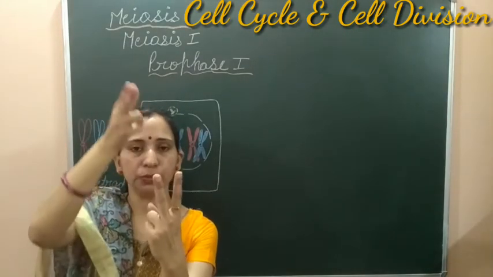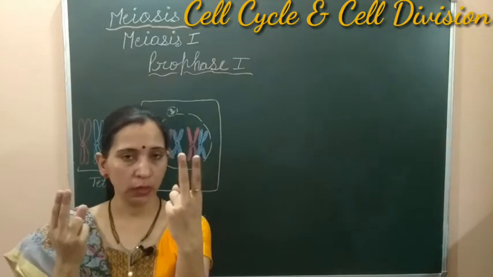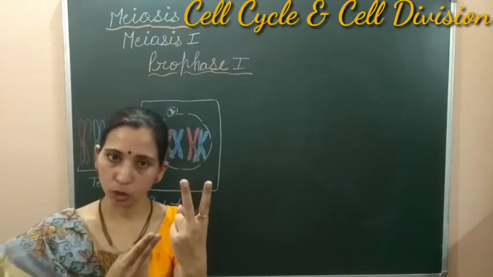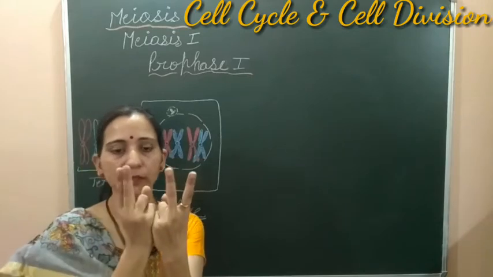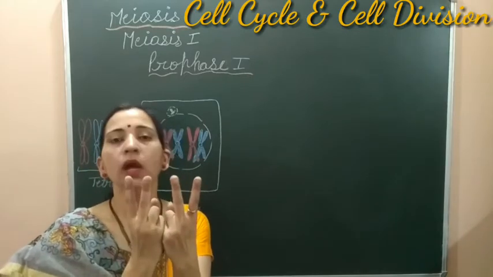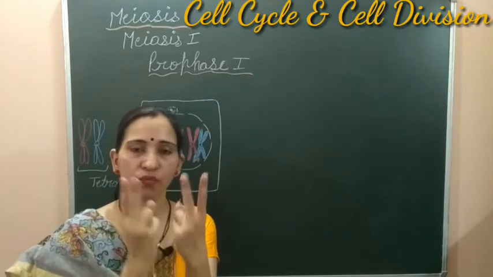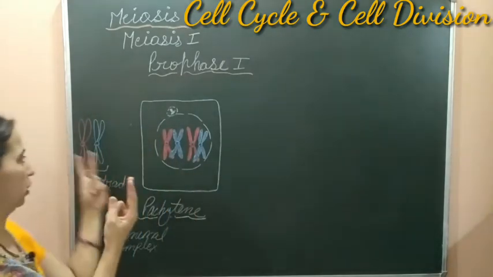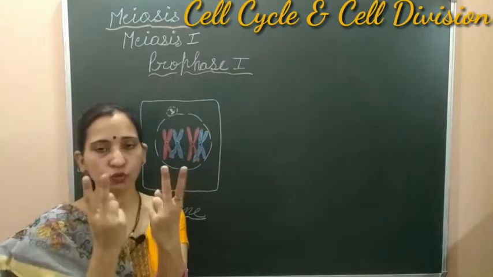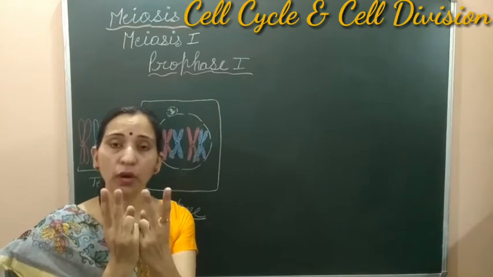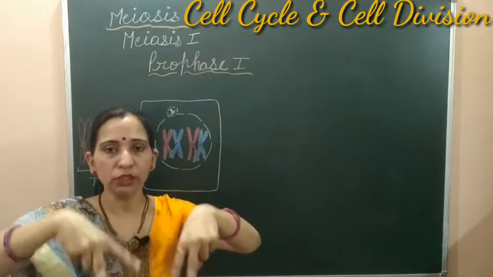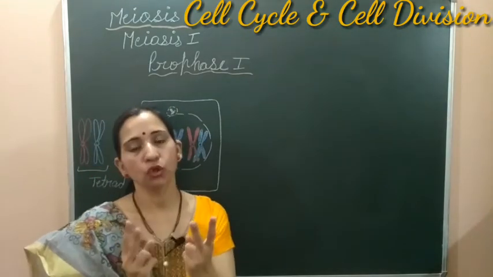Vertical splitting happens in both chromosomes, so two arms are shown in one chromosome and two arms in the other. Finally we see four arms on the upper side, four arms on the lower side. This condition is known as tetrad.